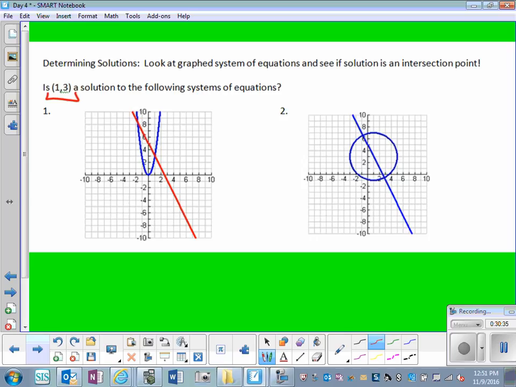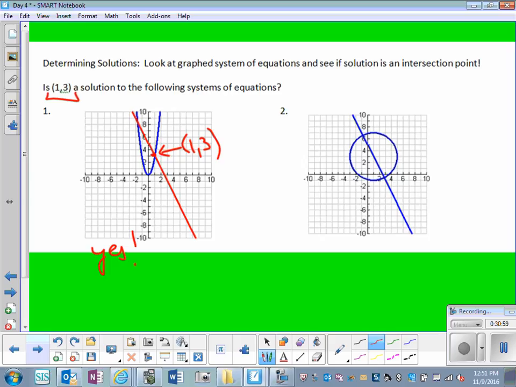Yes. Jose, do you agree? Everyone agrees? It is a solution, right? Because the point is right here, and it's exactly the intersection of the two graphs. Yes, it is a solution. It satisfies both equations, the equation that gives us our parabola and the equation that gives us our line.